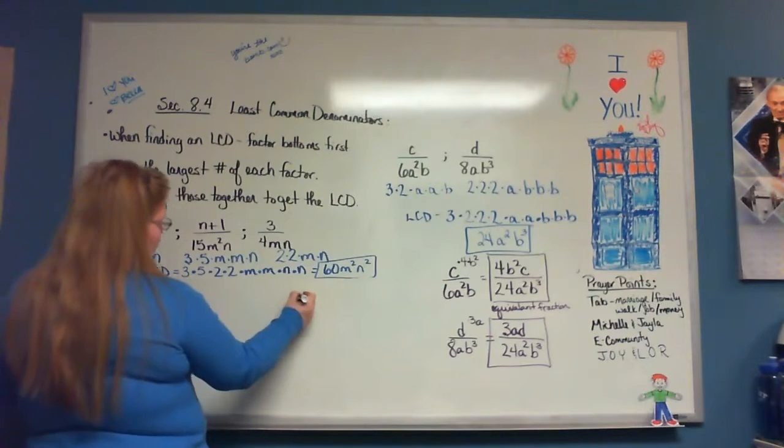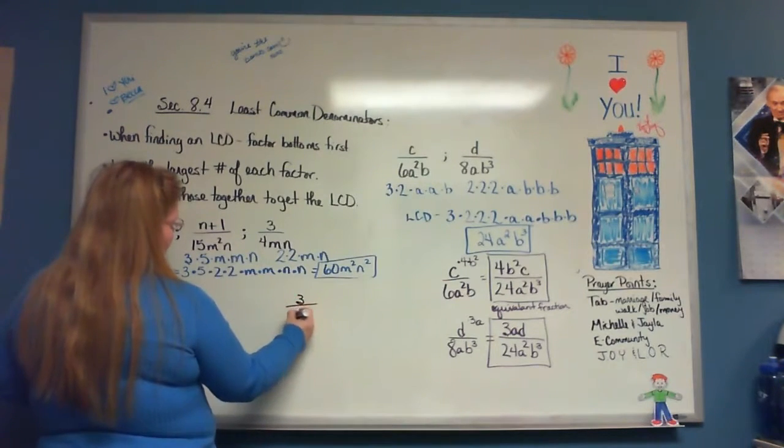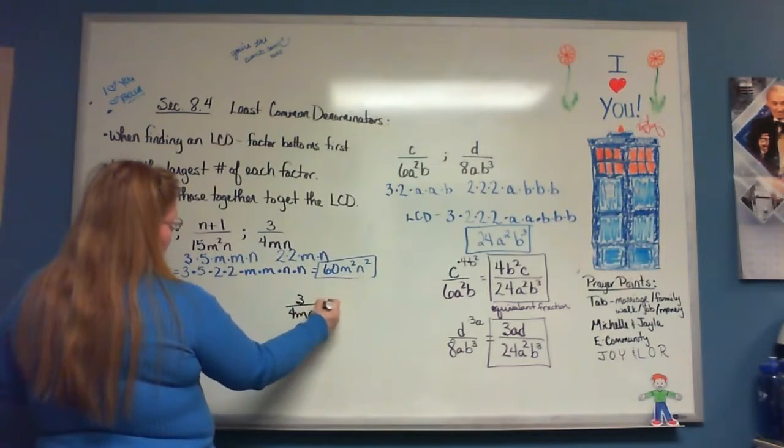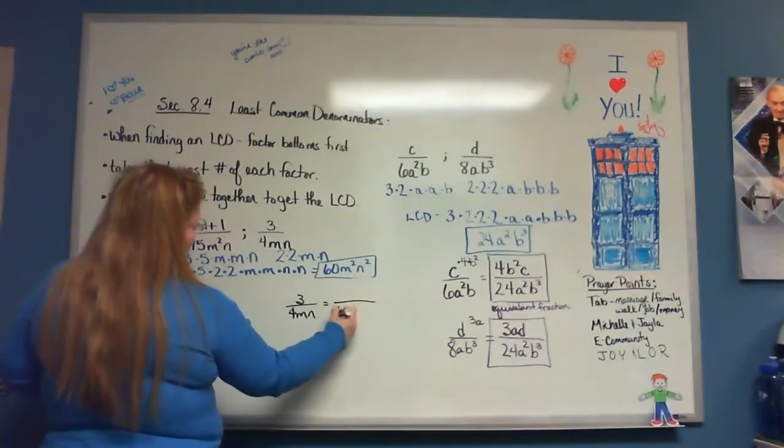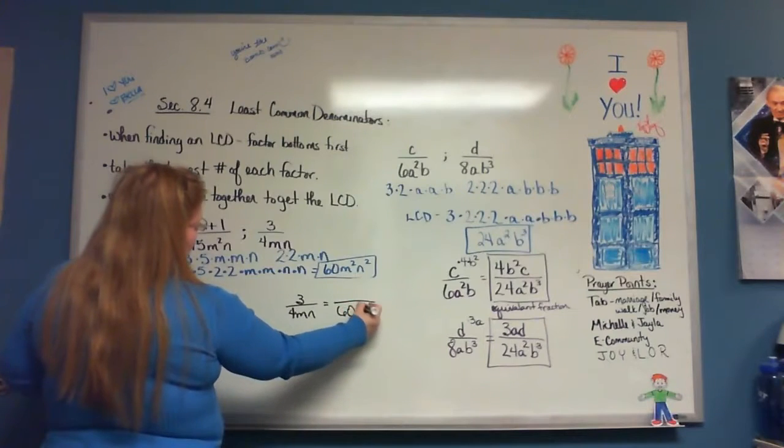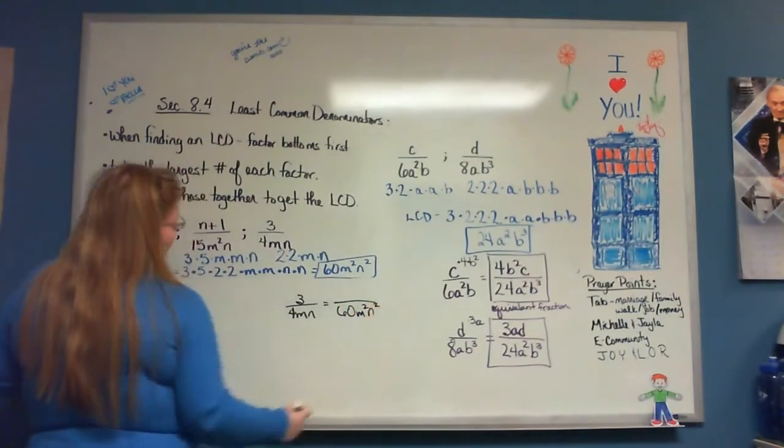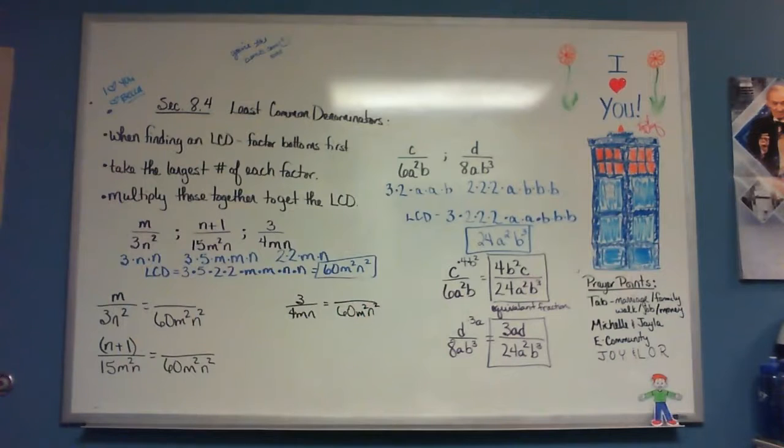And then the other one was 3 over 4mn has to become a 60 m squared n squared. Pause it. Try it. See what happens.